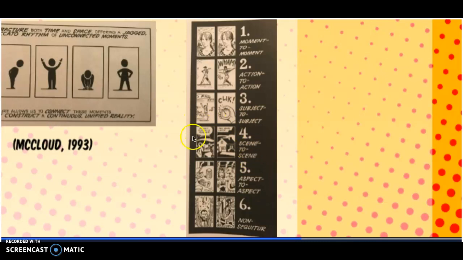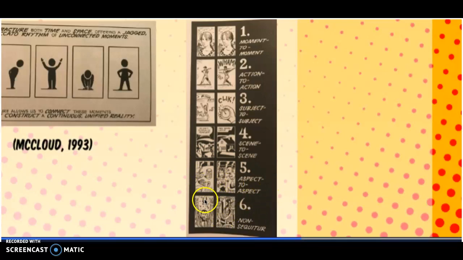Scene to scene jumps pretty fast from one place to another place. Now it could be a jump in time and space, so it's obviously a jump in space if it's a jump from scene to scene, but it could also be going in the future, but it could just be the exact same moment but two different places. Aspect to aspect, so we could have one large image, but it's divided into panels, so we focus on different aspects.